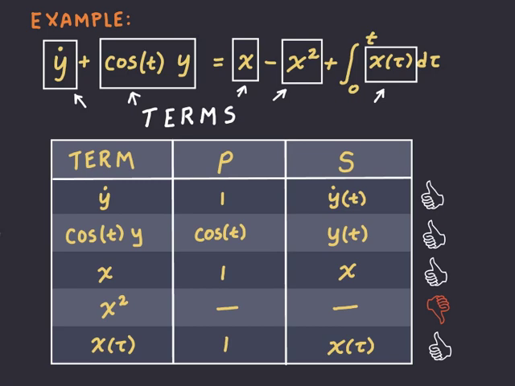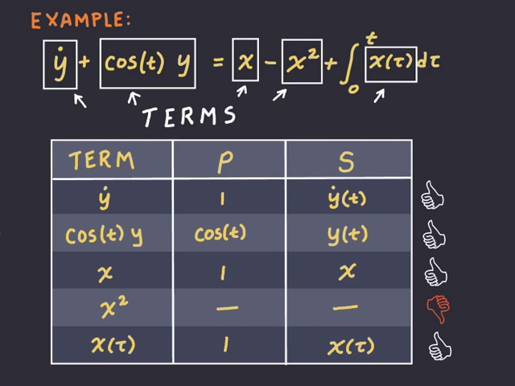Cosine t times y can be written as p times s, with p being cosine t and s being y. X, of course, can be written as p times s, but x squared, that cannot. We can't write that as p times s. We'd have to choose p to be x and s to be x.